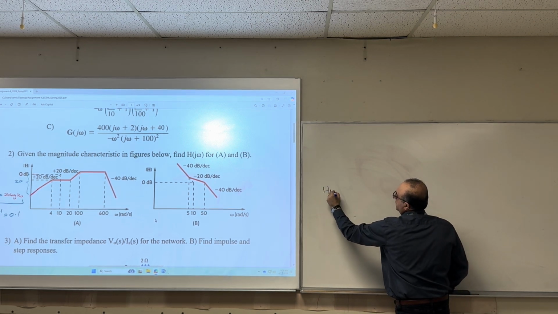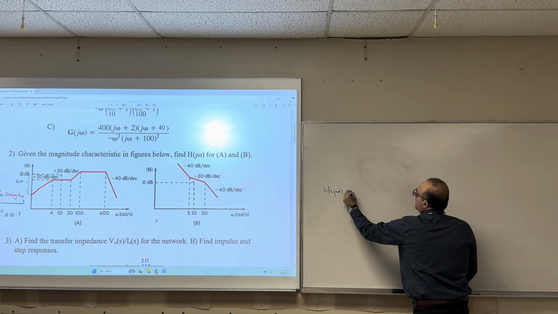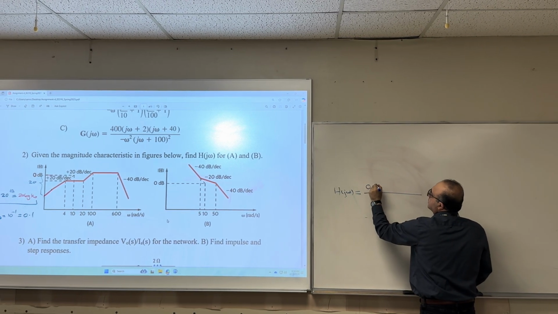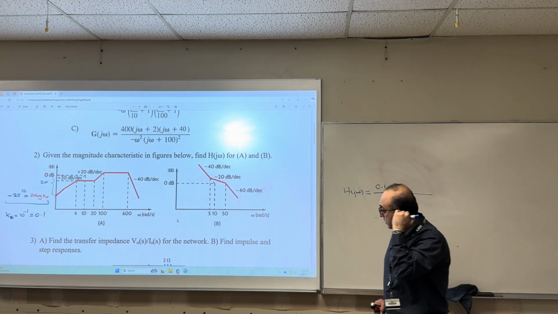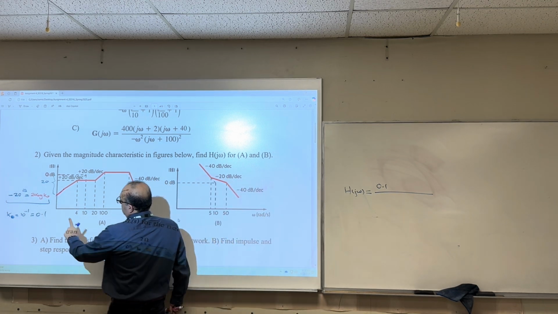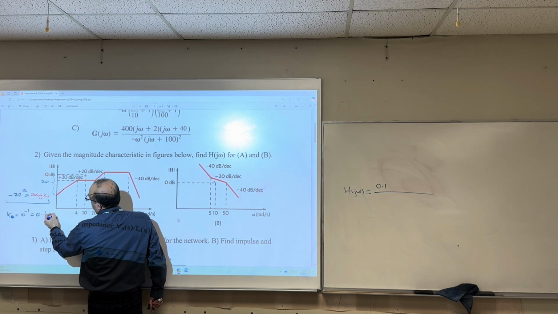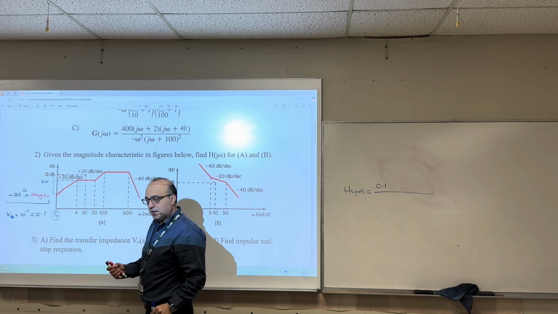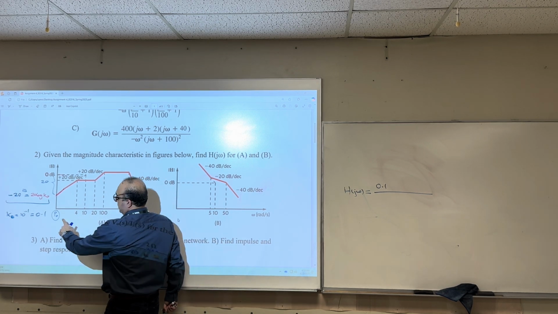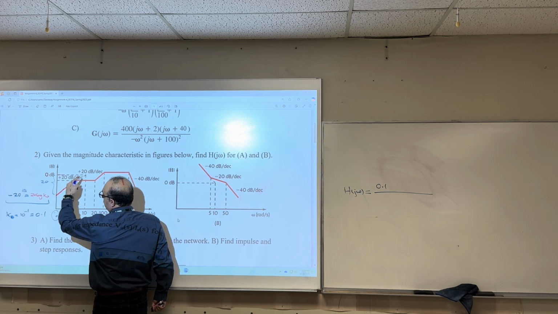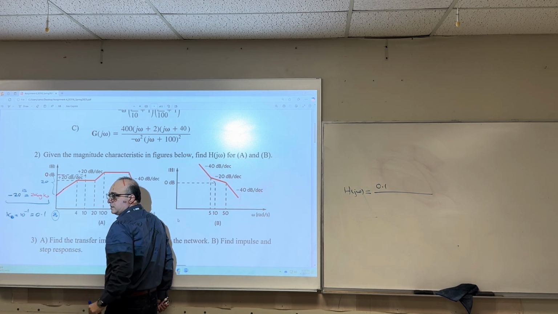Which one of these? Equation is going to be H(j omega) equals 0.1 times, so what I have, Z0, because it is a zero, it's going up. It is 1 here.